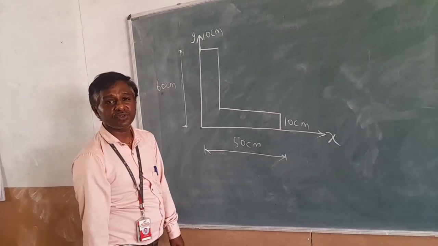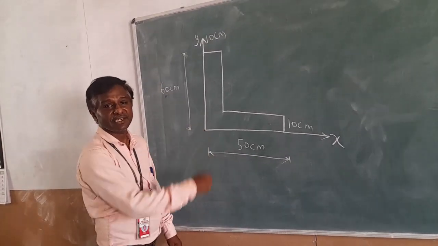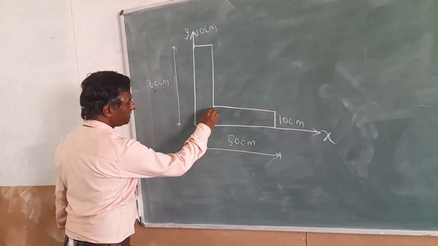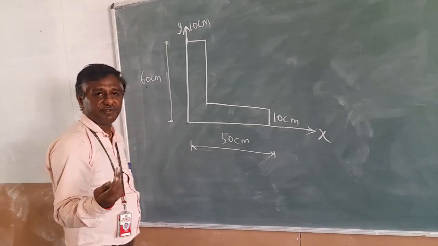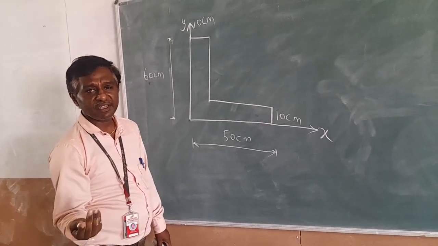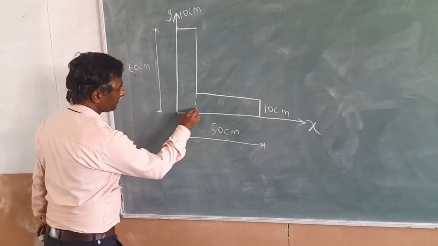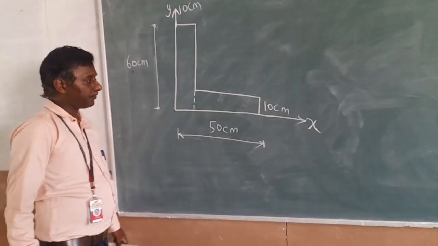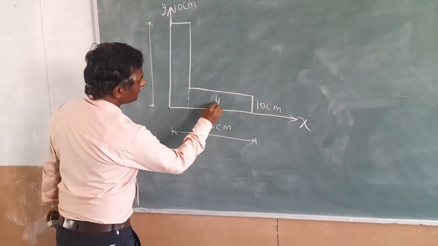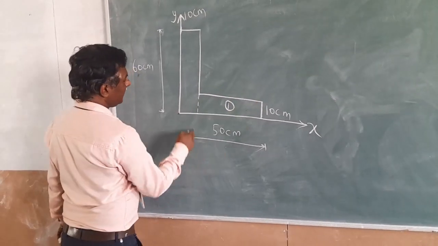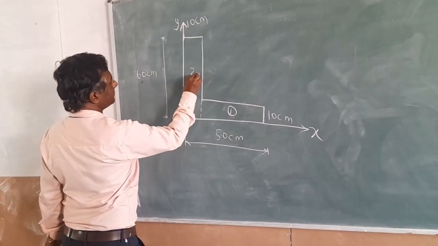Now we are going to split it into two rectangles. You can split like this or like this. Whatever way we split, no problem. So I will split like this. I will take this as section 1, the first rectangle, and this is the second rectangle.